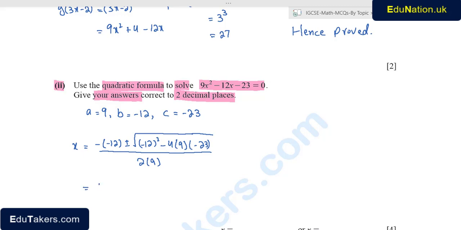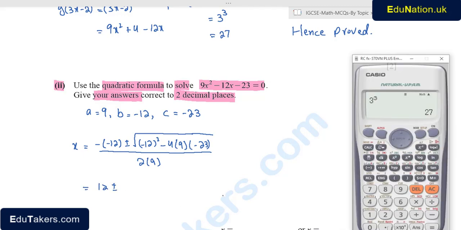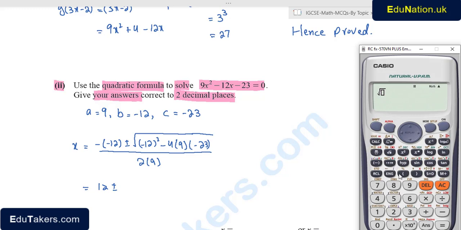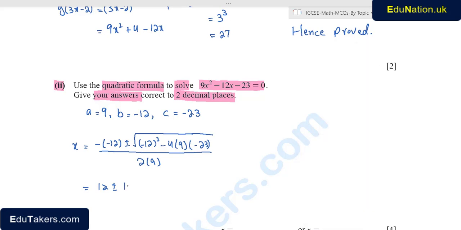This is equal to 12 plus minus, solving the square root, which is 18 into square root of 3, over 18.